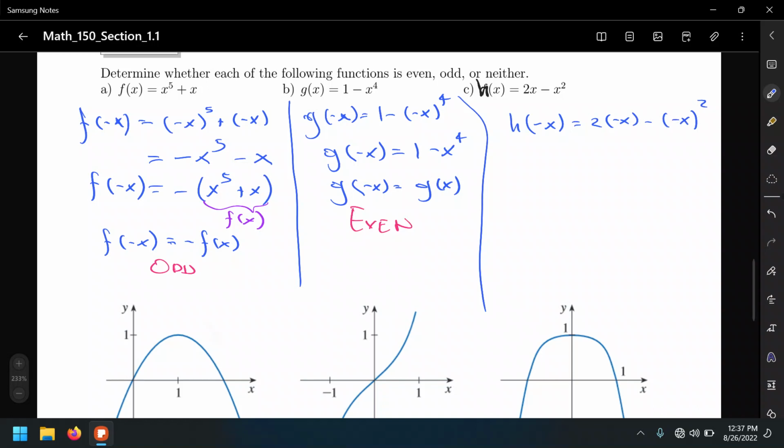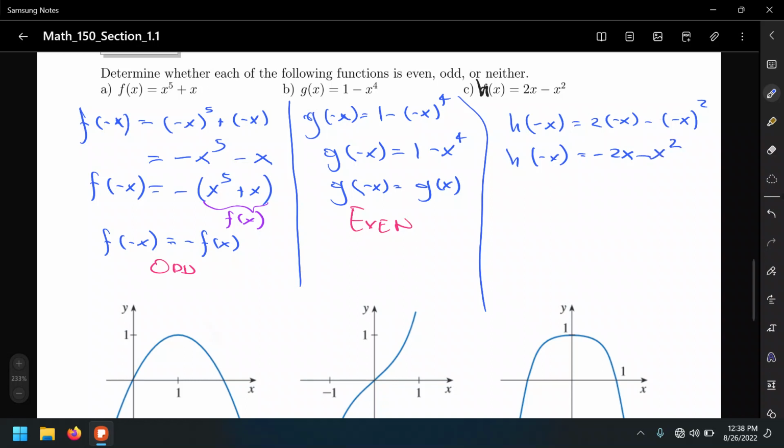Let's do one term at a time. The 2 times negative x becomes negative 2x. And this negative x squared becomes positive, but times the negative in front of it becomes negative.